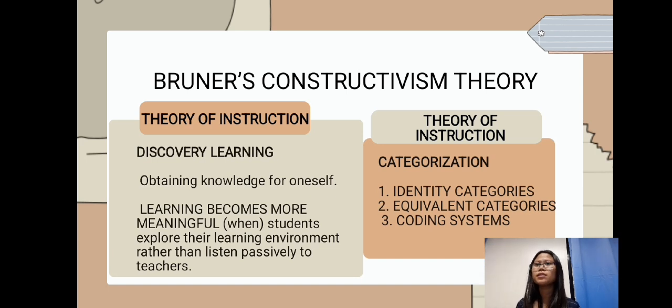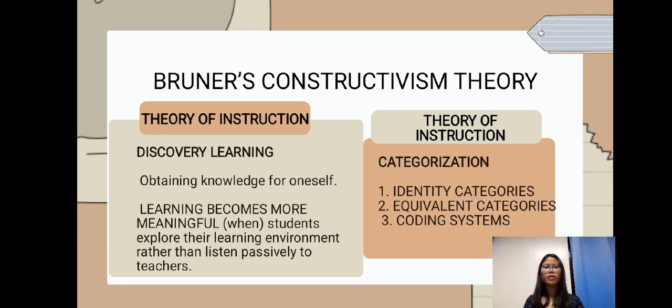This active process leads to a deeper and more meaningful understanding of the material. The teacher's role shifts from being the primary source of information to being a facilitator who guides and supports the student's exploration.